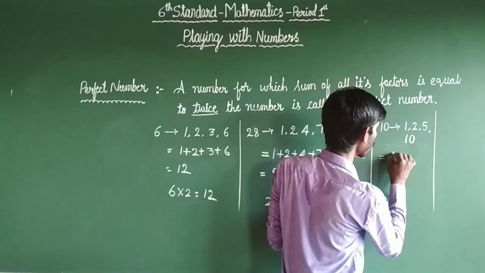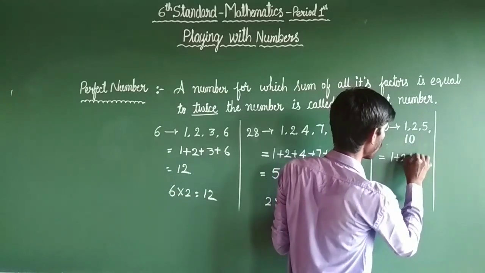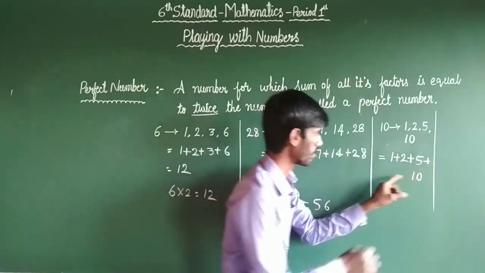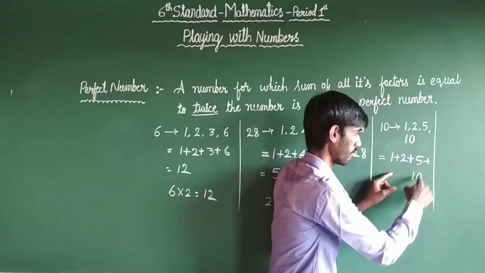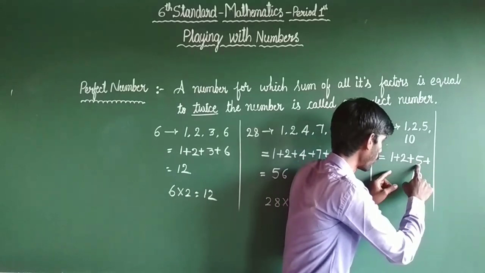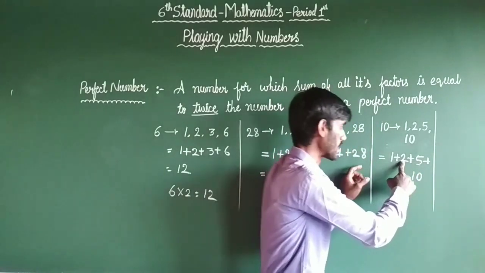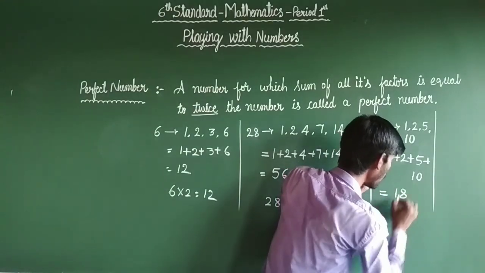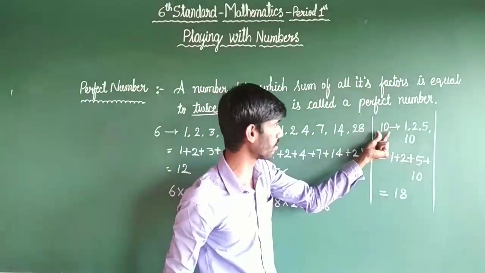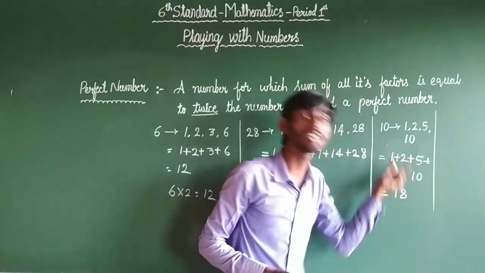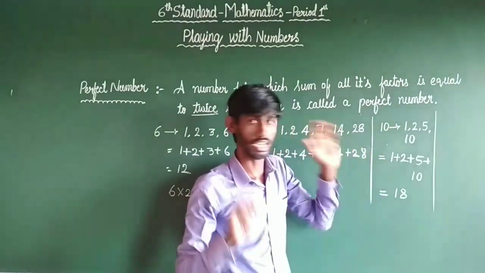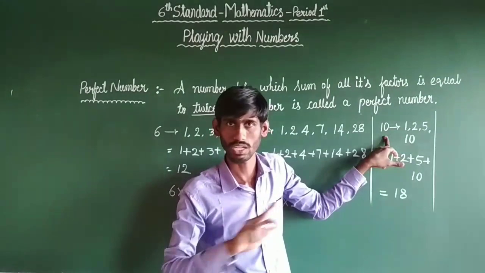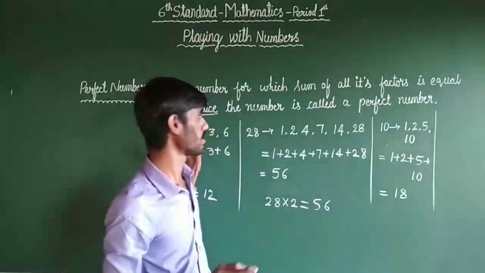If we add these, 1 plus 2 plus 5 plus 10: 5 plus 10 is 15, 15 plus 2 is 17, 17 plus 1 is 18. Is 18 twice the given number? Which is the given number? 10 is the given number. Is it twice the given number? No. So we can conclude that 10 is not a perfect number. So this is the example.